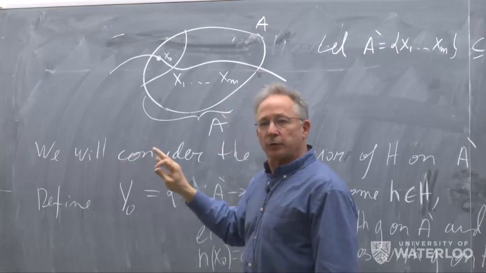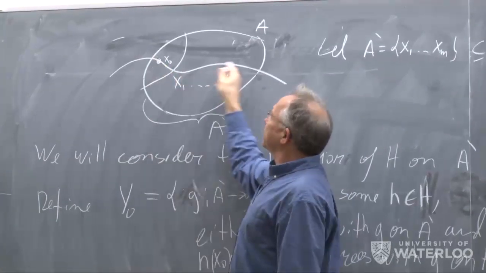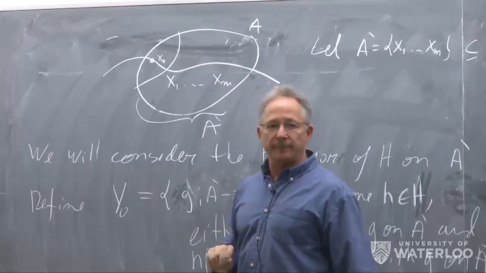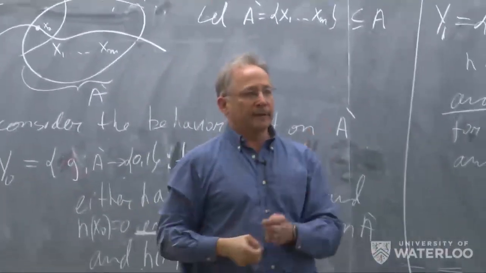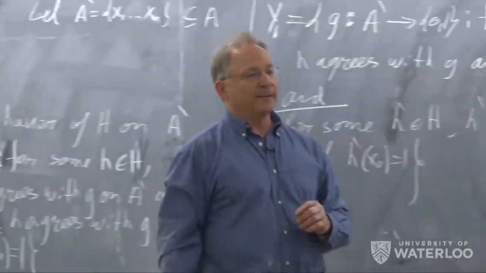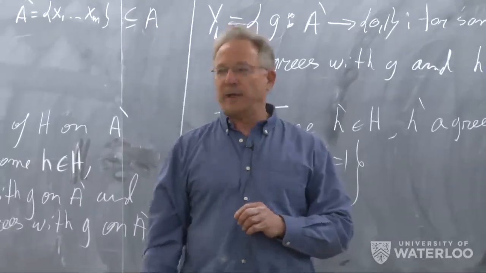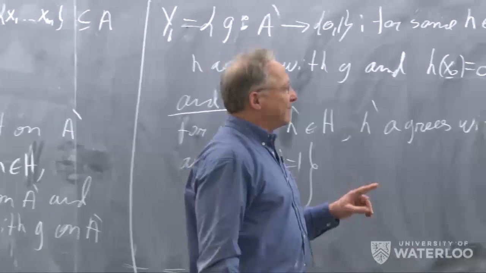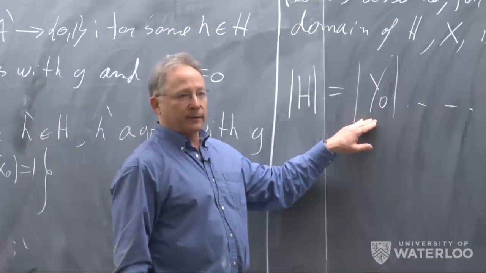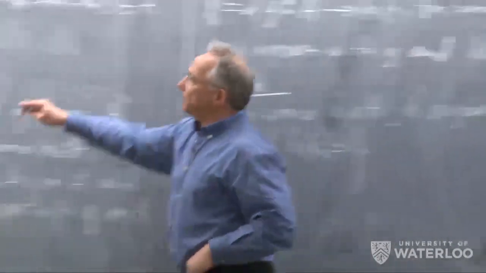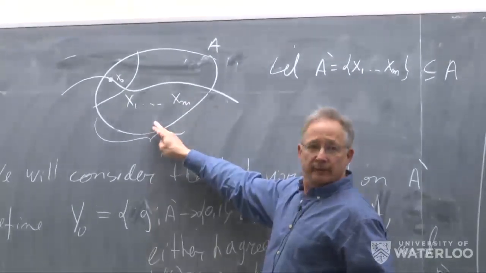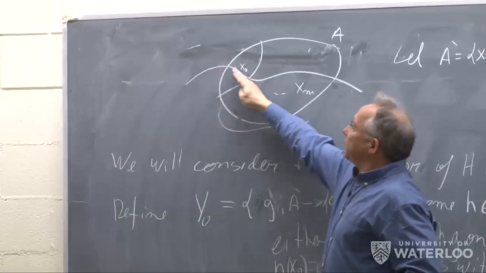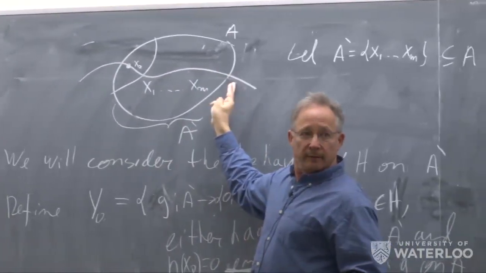But is it true that the number of functions on A equals the number of functions that I get on A prime? No, because you could have a function that disagrees on x0. Right, Y0 is slightly too small. Y0 is how many behaviors I get here, and H is all the behaviors over the whole thing.